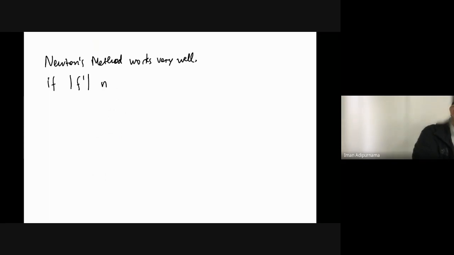Let me write the Newton's method. It works very well if the value of the f prime is not small, and the value of the second derivative is not too big.